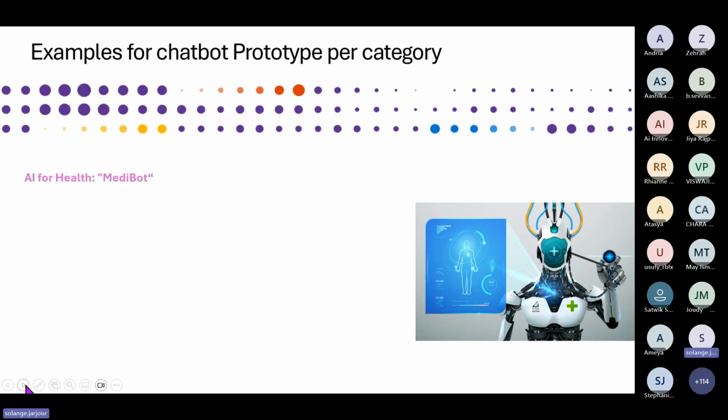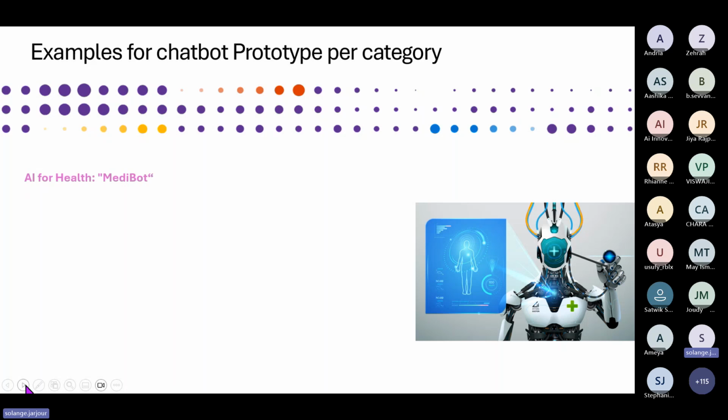Okay, so before I start, I need you to give me examples of a chatbot under the category of AI for health. So let's say I want to create a chatbot under the category AI for health. Give me an example of a problem that I can solve by just having a chatbot under this category.